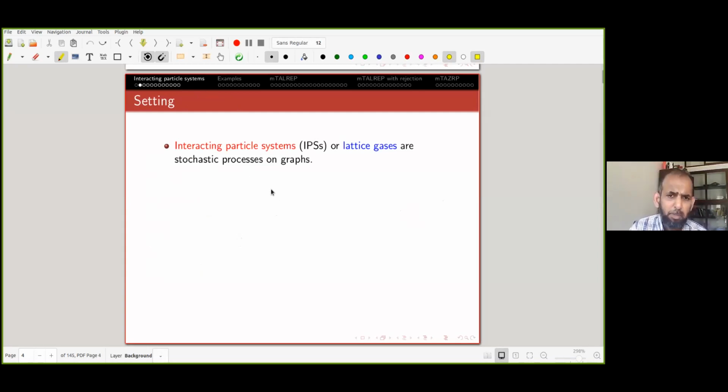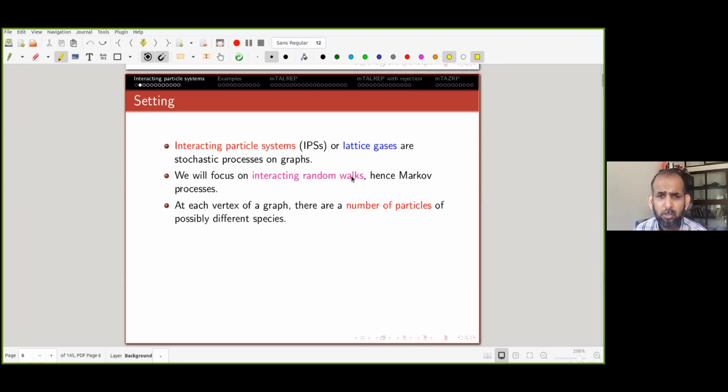Okay, so interacting particle systems in the probability literature, or lattice gases in the physics literature, are basically stochastic processes on graphs, and this can be studied at various levels. For us, we will think of interacting random walks and therefore Markov processes. So on every graph, you are going to have vertices and edges, of course, and at every vertex, you'll have a number of particles of possibly different species and possibly no particle as well.